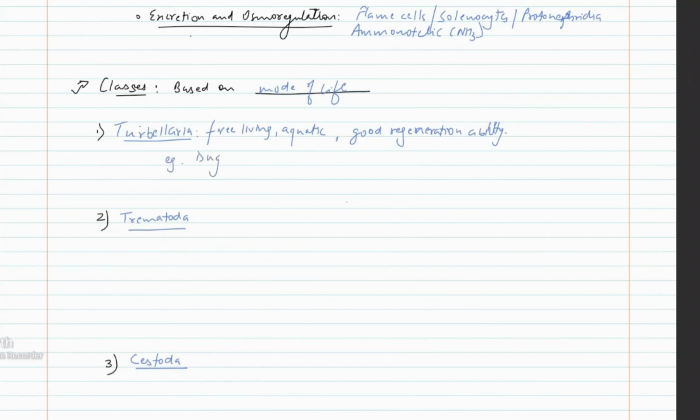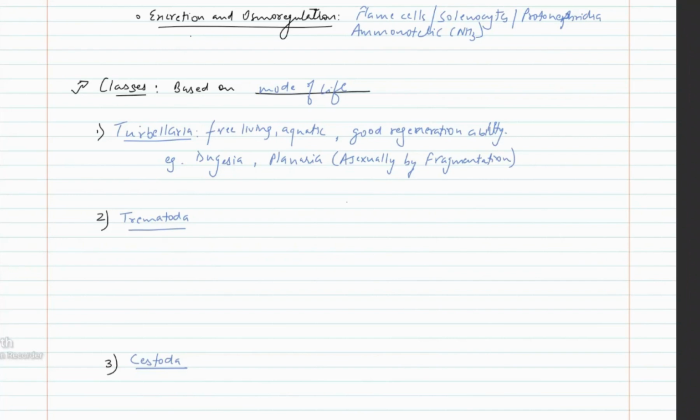Examples of Turbellaria include Dugesia and Planaria. Planaria can also reproduce asexually by fragmentation. Apart from having good regeneration capability, it can also reproduce by fragmentation.